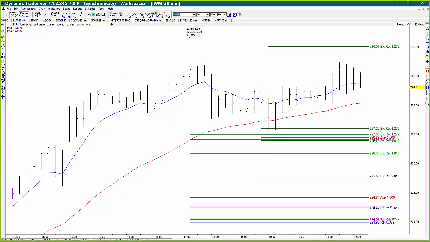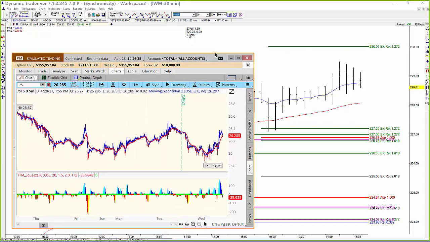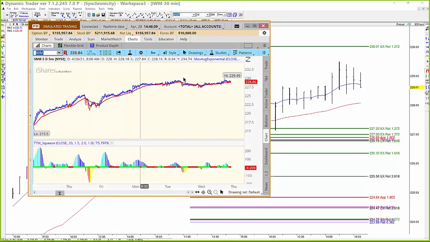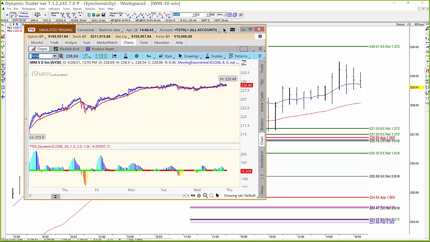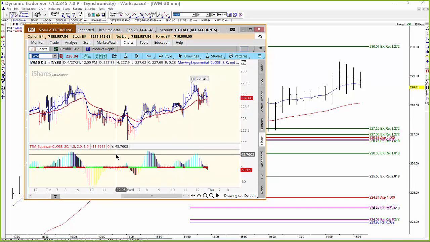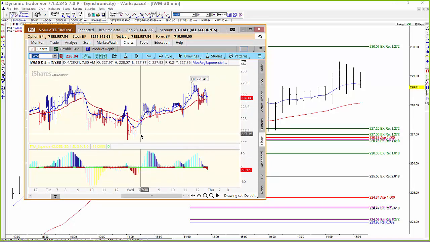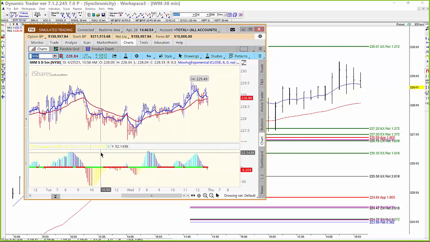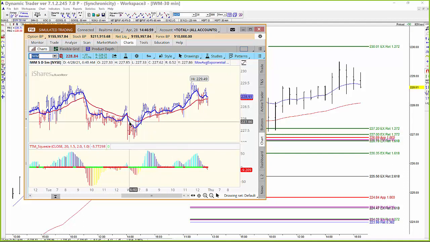So let's look at what a trigger would have looked like. Let's say if you used a 5-minute chart, the trigger would have been here when you had the crossover, and you also took out a prior swing high.